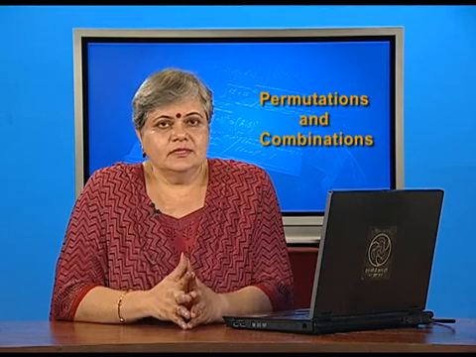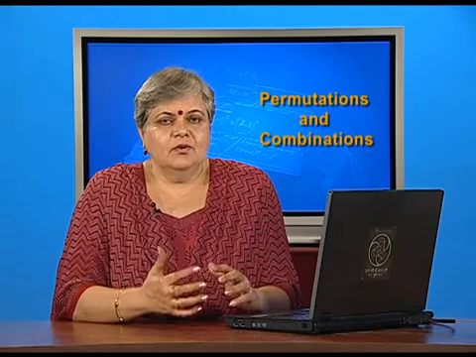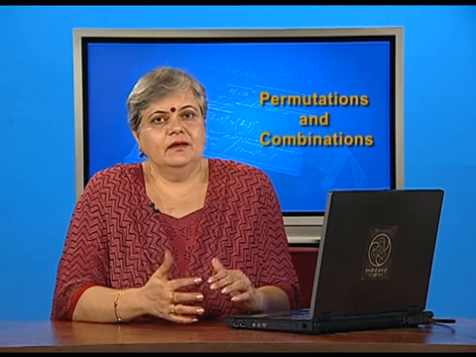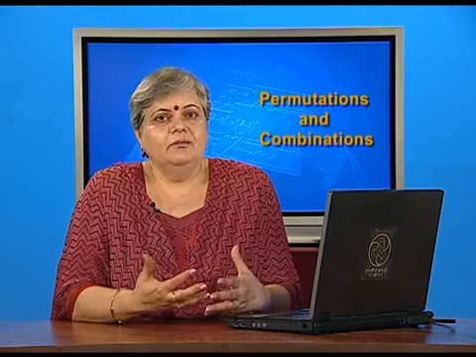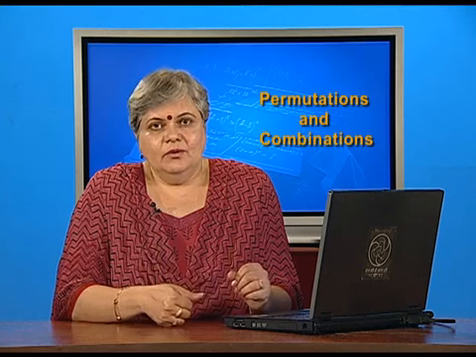The question here says, if all the letters of the word AGAIN are arranged as in a dictionary, what is the 50th word? Dictionary is nothing but a collection of words which are written in a manner in which there is an order, the alphabetical order.